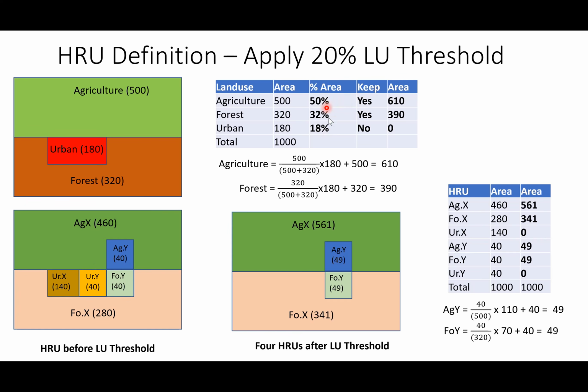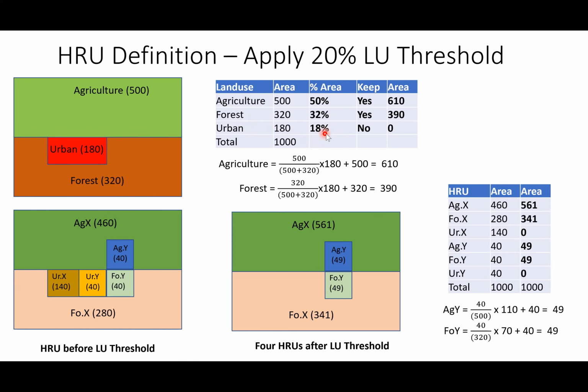Now if you look at this column, you can see 50% is higher than 20%, so this land use will stay. 32% for forest. So this is again higher than 20%. Forest will stay, but you can see urban is only 18%, which is below our threshold. So urban will go away.